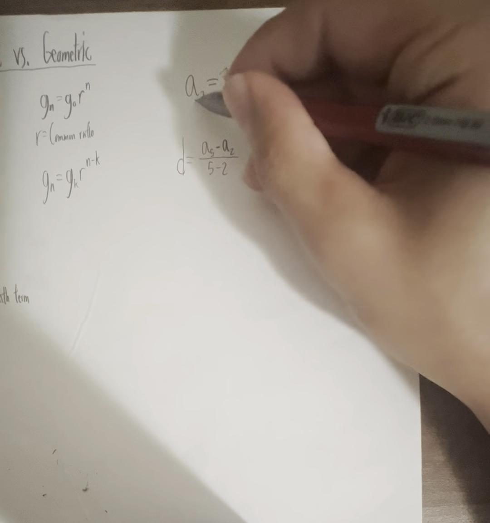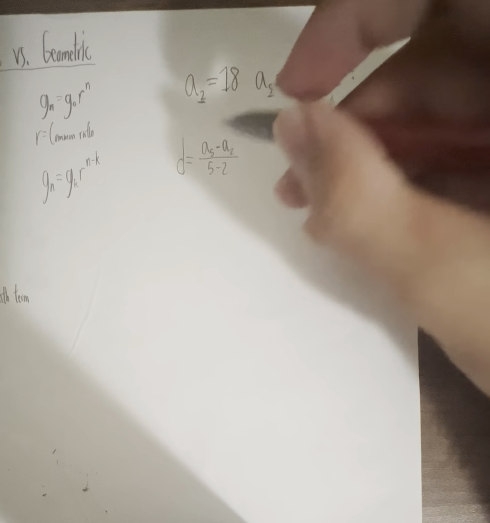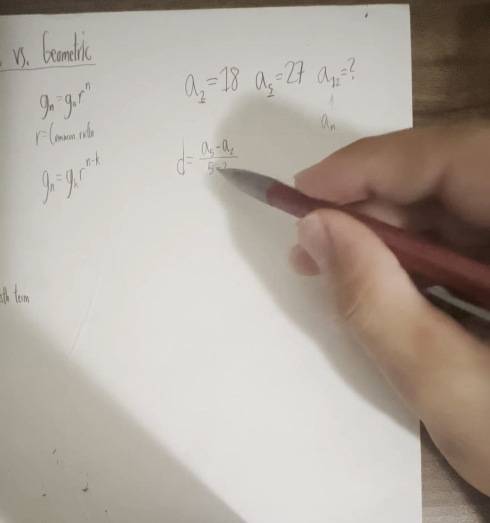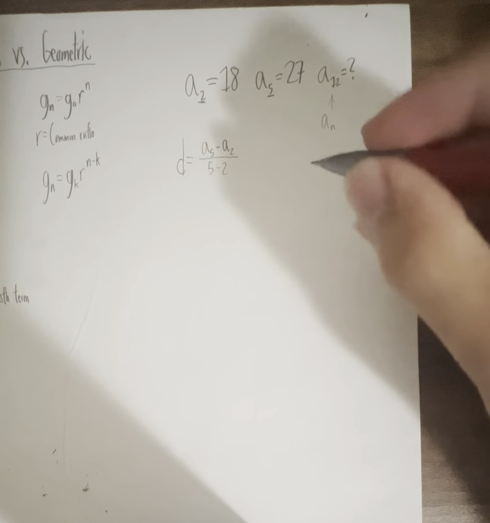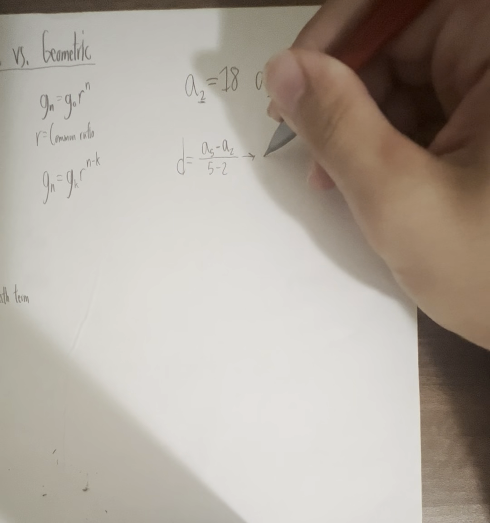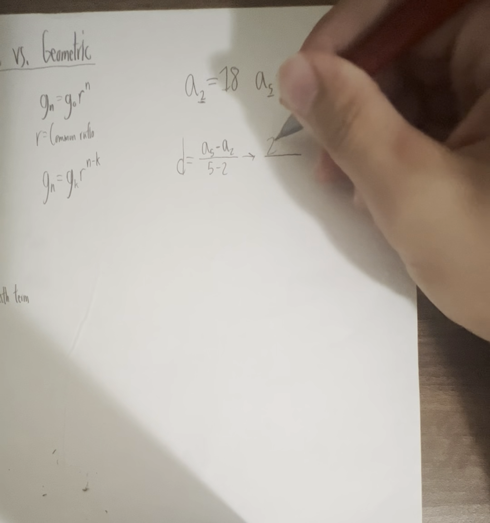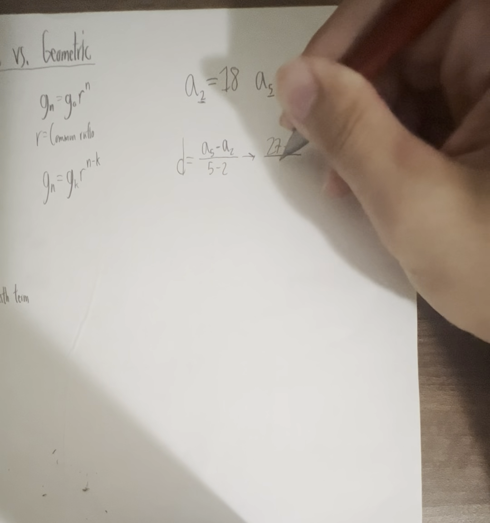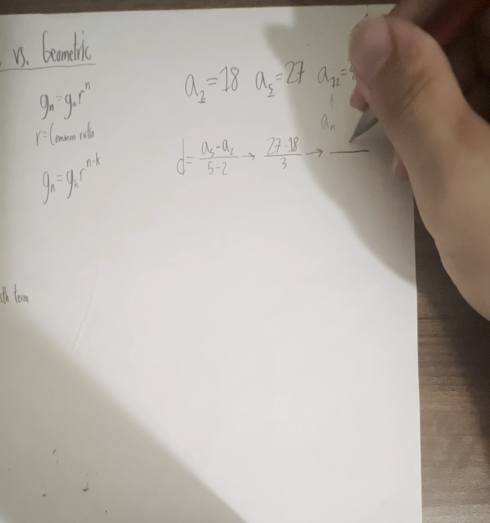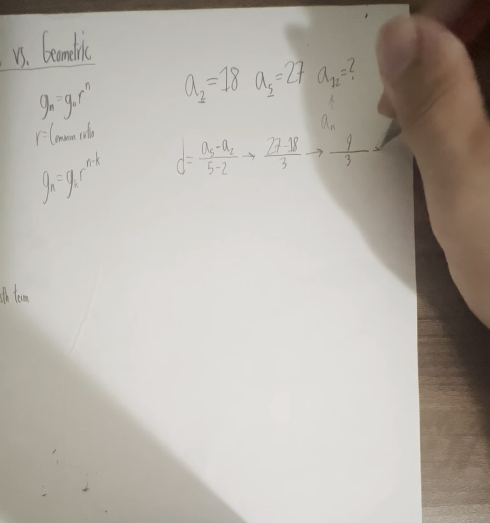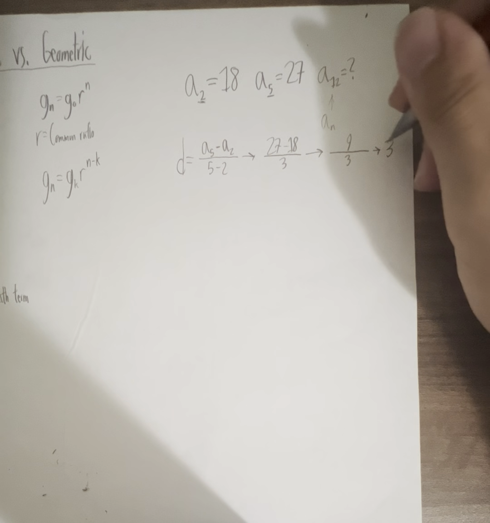Because we have the fifth term and the second term, you're basically subtracting the lesser term from the greater term. When you plug in the numbers, you get 27 minus 18 divided by 3, which is 9 over 3, and you get d equals 3.